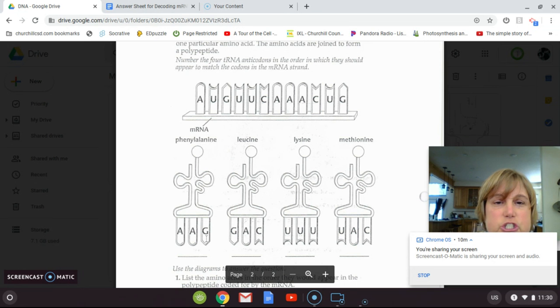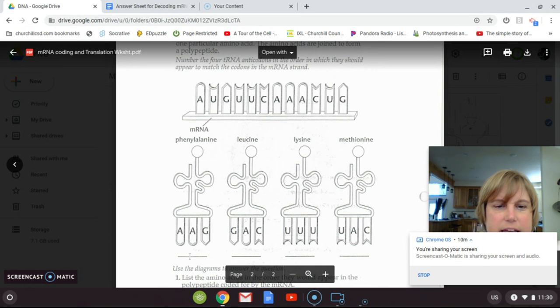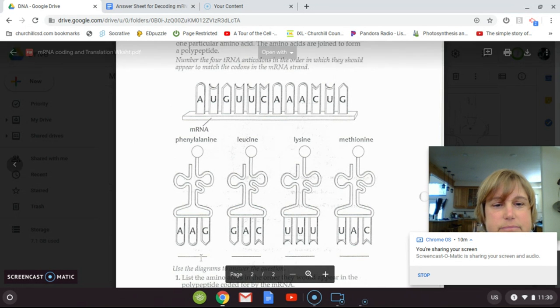And this one would be a G. This one is a G, so it would be a C. So I would have U, U, C. Well, where is there a group of UUC? This isn't it. This is AUG. Oh, look right here. UUC. So it's the second group of 3. So I would write the number 2 right there.